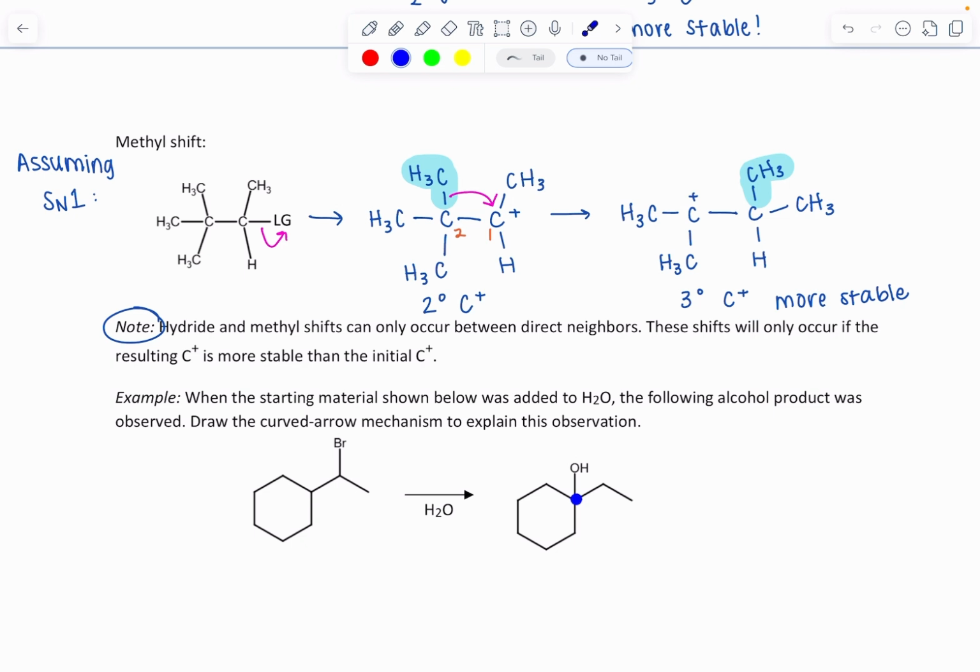So that's one indication that a hydride or methyl shift may have occurred. Another way this could be indicated is if you are given information about the reaction coordinate diagram, because this requires an additional step. We expect SN1 reactions to go through 2 steps, but if it goes through 3, maybe it's a hydride or methyl shift as that 3rd extra step.